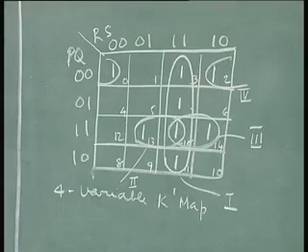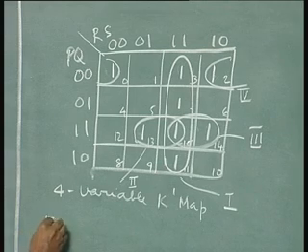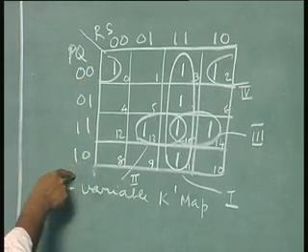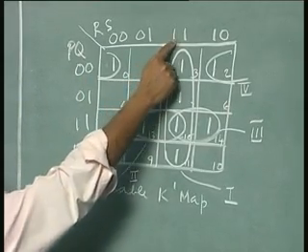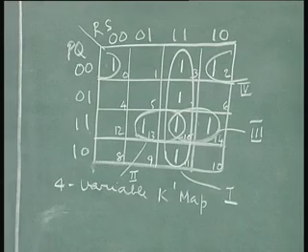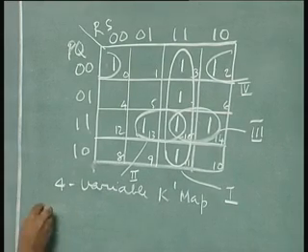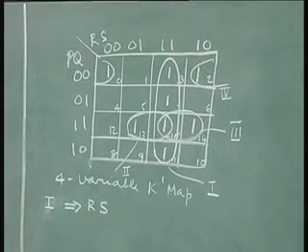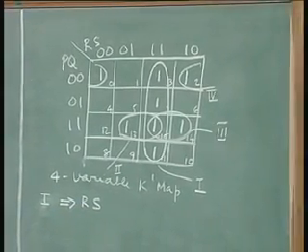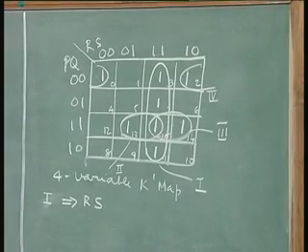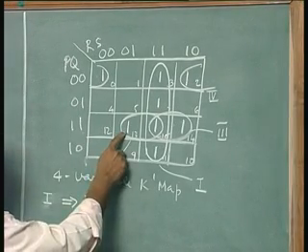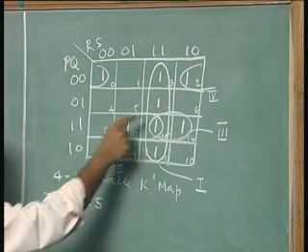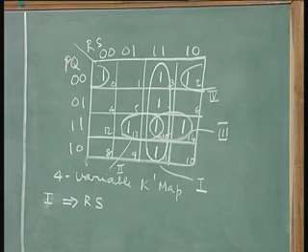So, what is 1? In group 1, variables P and Q change all over, so you write only R and S, which are 1. So, 1 is RS. Group 2: PQ are 1 1, they remain 1 1 here and here, so they have to remain in the expression.